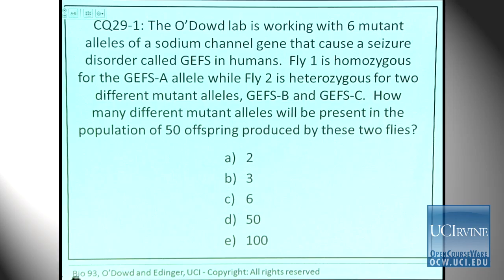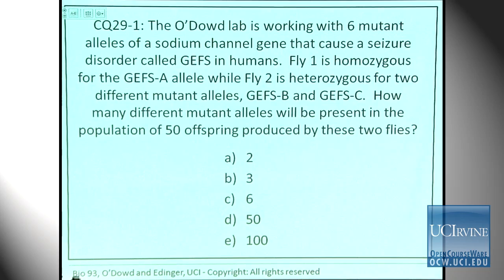So both of them are recessive mutants that will trigger CF, but they're different mutants. They have a different sequence. So maybe this one is a nonsense, this one's a missense, and this one's a frame shift, for example. You can mess up a protein many different ways. Does that answer your question? You don't look satisfied.